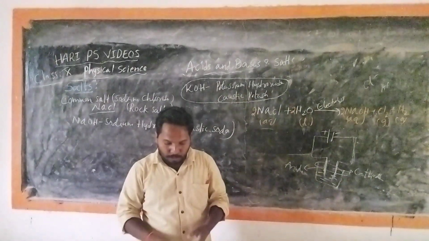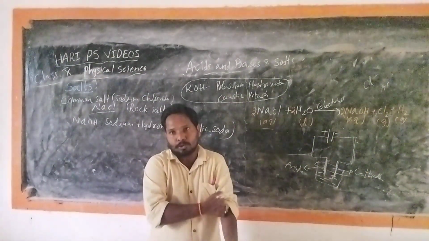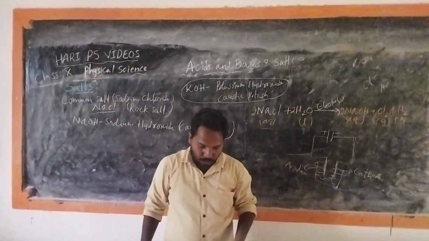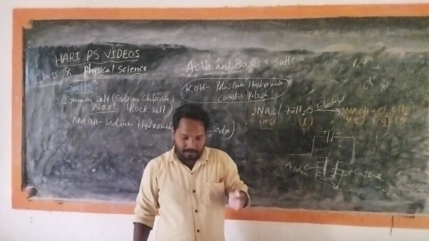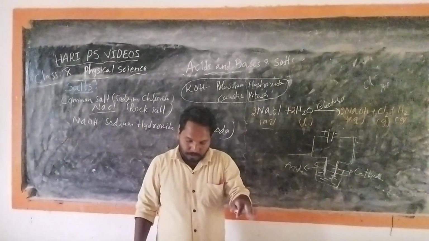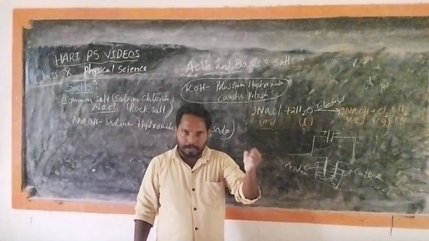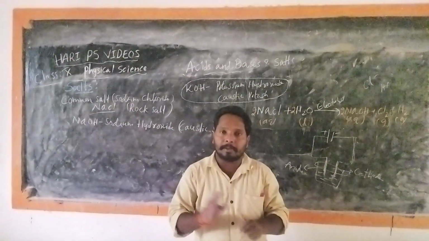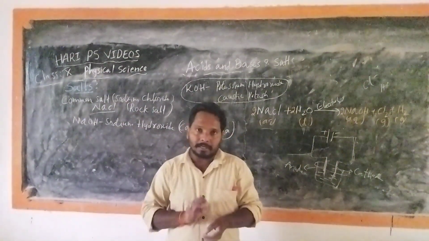Sodium hydroxide solution is formed near the cathode. The products of electrolysis of sodium chloride solution, chlorine, hydrogen and sodium hydroxide, are collected separately and stored separately.